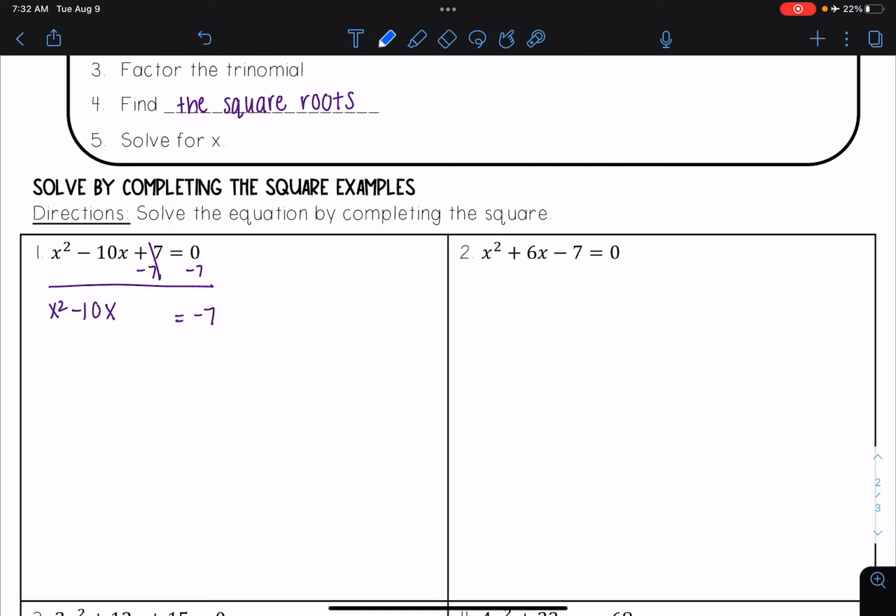And so what I'm going to be adding is that b divided by 2 squared. So my b here is negative 10. So I have negative 10 divided by 2 squared. Well, negative 10 divided by 2 is negative 5. And negative 5 squared, I get 25. So I'm adding 25 to both sides.